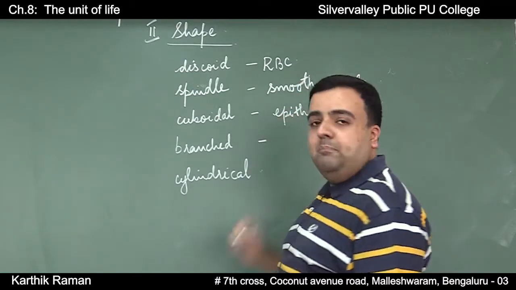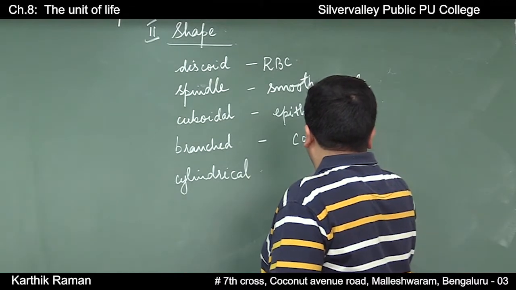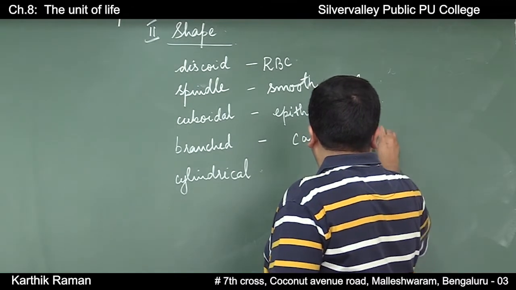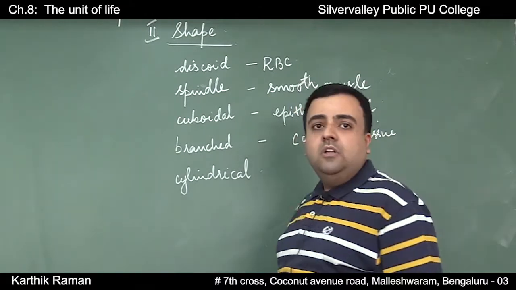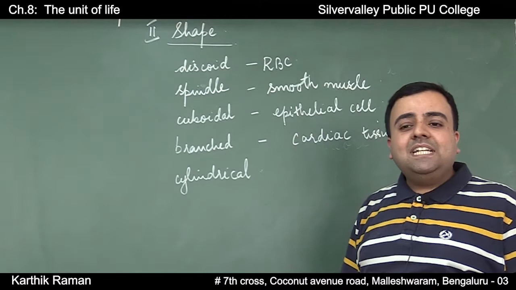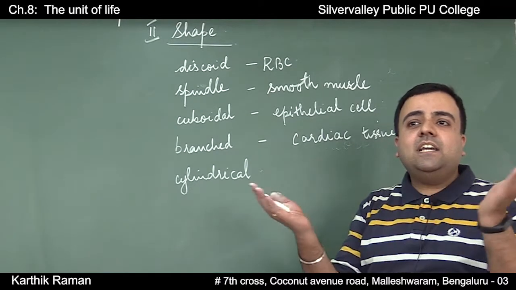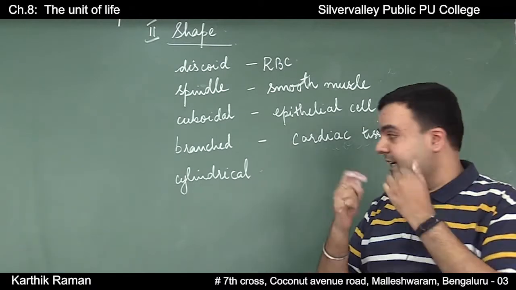Next, we have branched. This is going to be the cardiac tissue or the cardiac cell. It is going to show branching so that it's easy for it to conduct the nerve impulse along the entire structure of the heart.